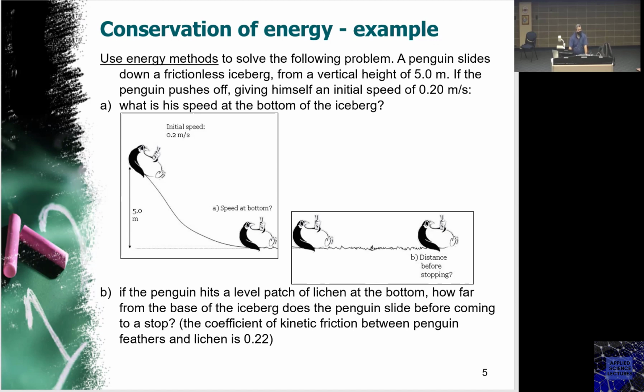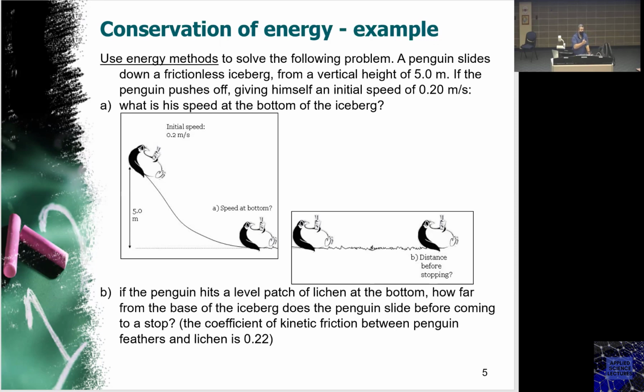So the penguin's going to reach the bottom of the iceberg, acquiring a speed along the horizontal direction that is 9.9 meters per second. The coefficient of kinetic friction is 0.22.